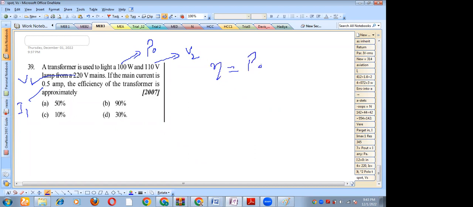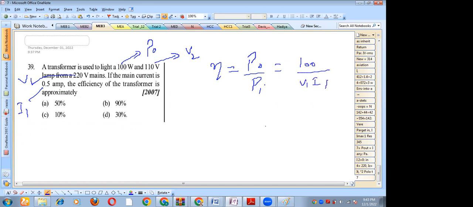Efficiency is output power by input power. So that is 100 by input power V1 I1.